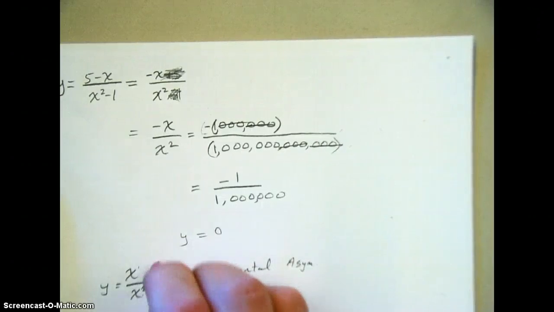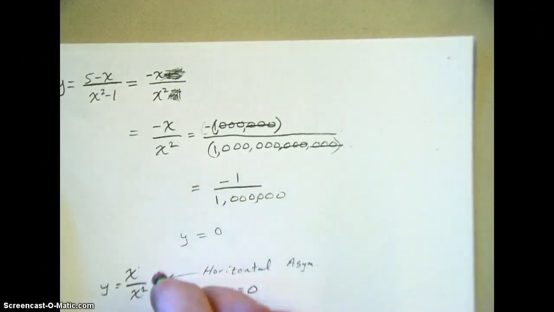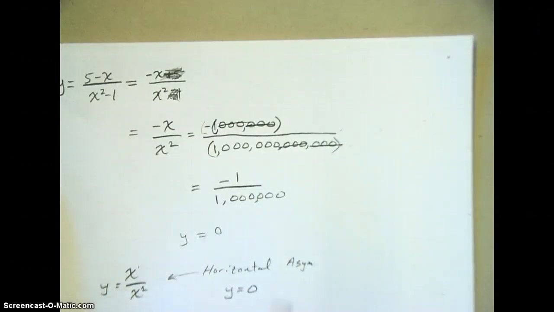But if you're not adding anything to the k, the fractional piece's contribution towards your asymptote is going to be nothing if the power is bigger on the bottom. Doesn't matter how much bigger. If it's bigger on the bottom, your contribution from the fraction is going to be 0. It's going to change when the power is bigger on top, and we'll get to that in a minute. So let's go back to our problem now.